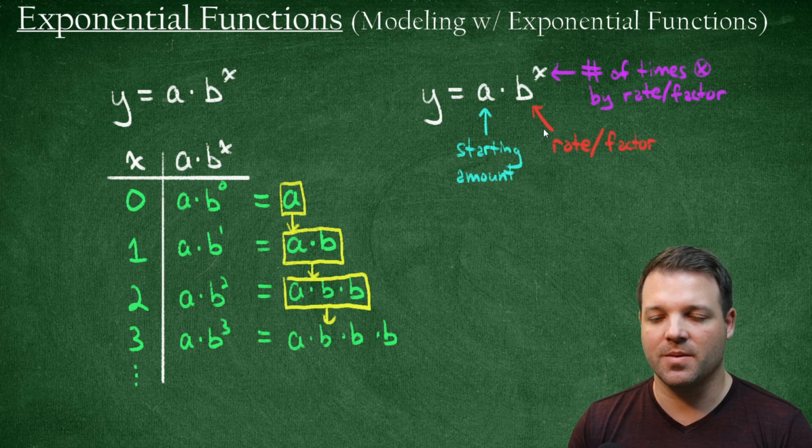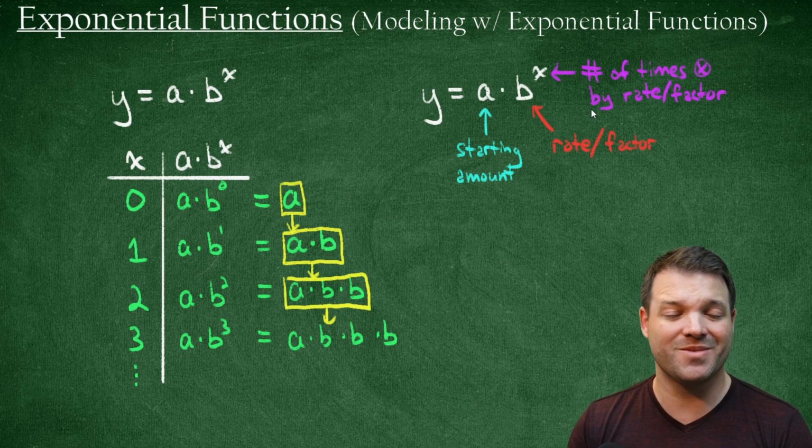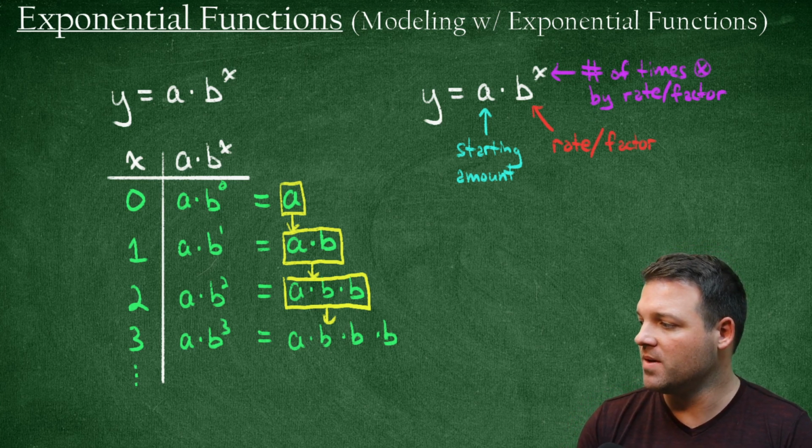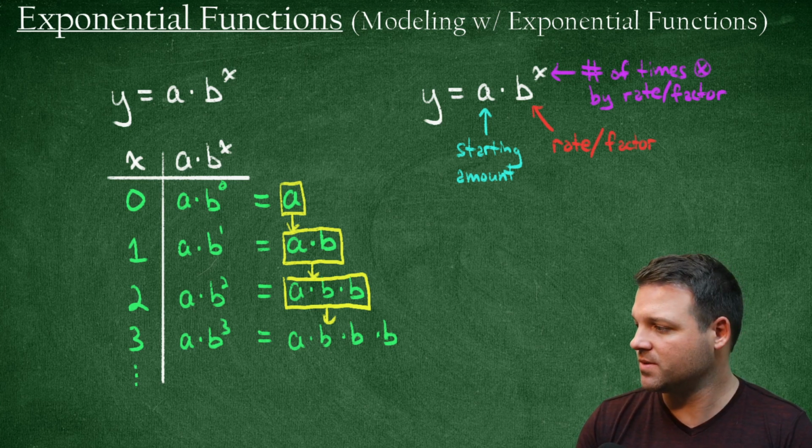And we're going to have to decipher our problems here to figure out what that rate or factor is. And then also, x is going to essentially be the number of times that we're going to multiply by that rate or factor. And many times, like I said, it usually corresponds to time. Okay, so let's go ahead and see this in some examples.